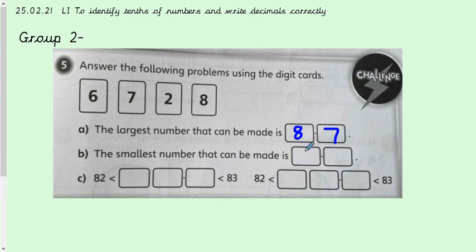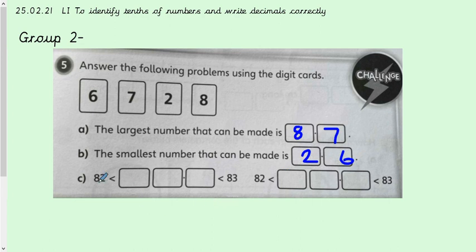The smallest number that can be made is 2.6 because you would use the smallest number from the ones on the digit cards for the ones, which is 2, and then the smallest number again for the tenths. It doesn't say that you can't use them again, so you could have done 2.2, I guess, because it doesn't actually say you can only use them once. But if we were using them only once, then it would be 2.6.